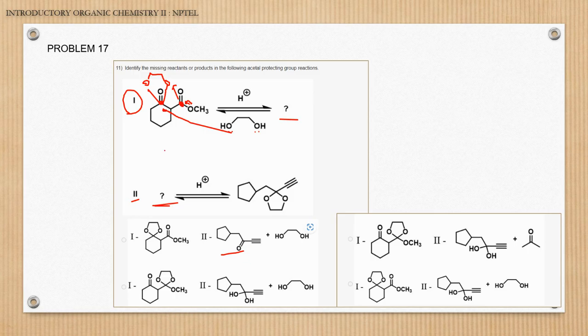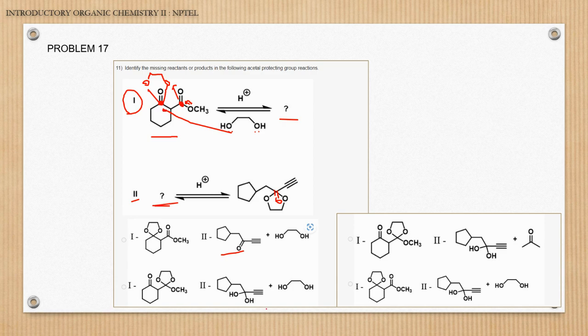Yes. So similarly, as we have seen here, the protecting group is on this ketone. So here also this ketone is protected by the diol. Rather than having the diol here, you will have a ketone at this position.